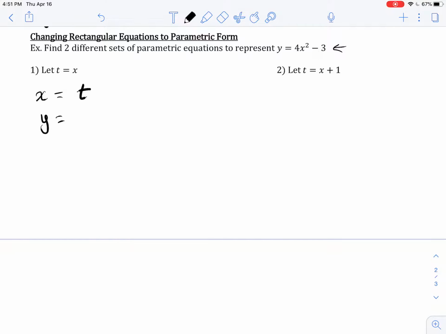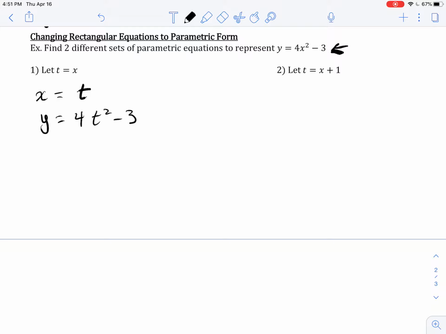Y is going to be, using the same rectangular equation that we have up here, equal to 4 times x squared. But if x is just t, then we can say let y be equal to 4t squared minus 3. And yes, it can be that easy.